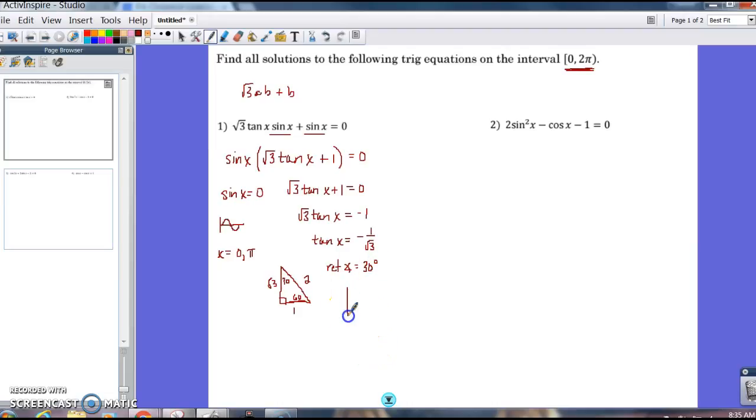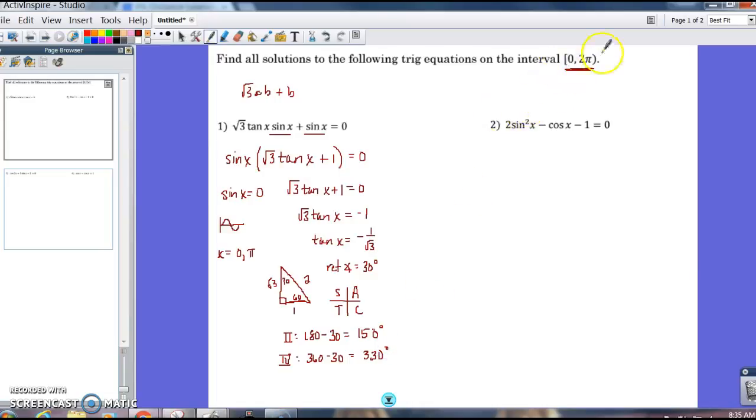If tangent is negative, I'm in the second quadrant and the fourth quadrant. So if I'm in the second quadrant, I would do 180 minus 30, and that gives me 150 degrees. If I'm in the fourth quadrant, I do 360 minus 30 degrees, and that gives me 330.